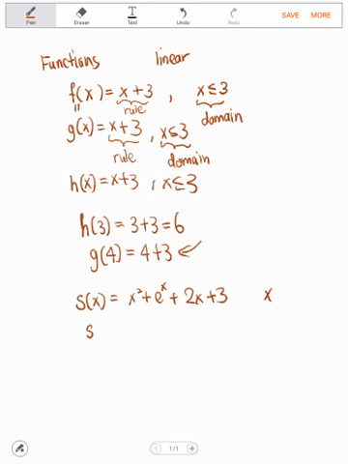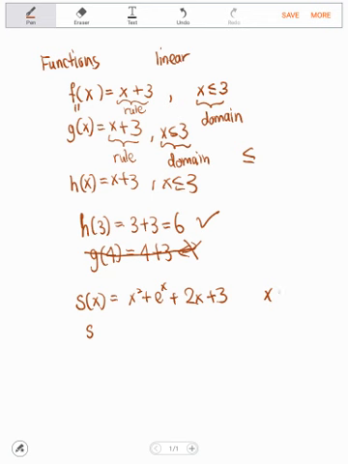You see that? Because in the domain we are not supposed to accept values more than 3. This symbol means smaller or equals to. So for this function g(x), we are not supposed to take values greater than 3, and 4 is greater than 3. So this is invalid. This is wrong. This is correct because 3 is smaller or equals to 3. So this function is acceptable.